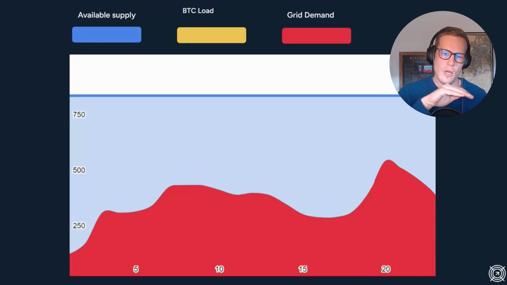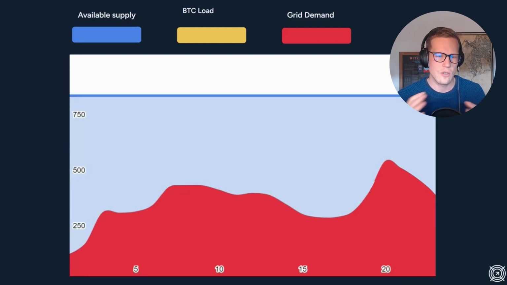On the bottom in the red curve, you will see the grid demand, right? So for different hours in the day, you will have different levels of demand in the local grid. And the BTC load in yellow, you cannot see here because it's not yet shown, right? But what you can see from this is theoretically a lot more power could be produced, everything above the red line, than we're currently doing.